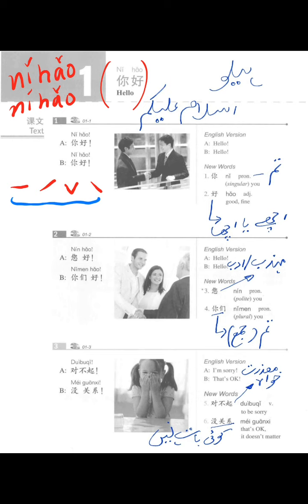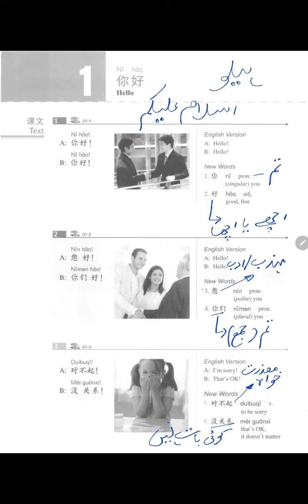Okay, so we will not pronounce it like ni hao, but we will pronounce it like ni hao. Hello, in English we call it hello. So you got it over here.